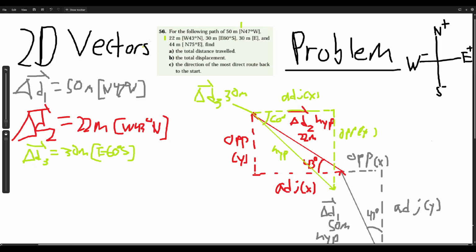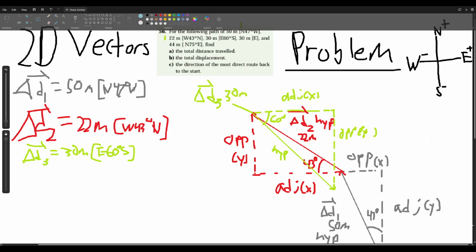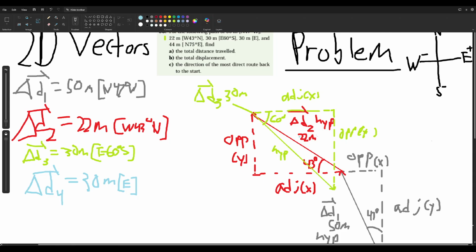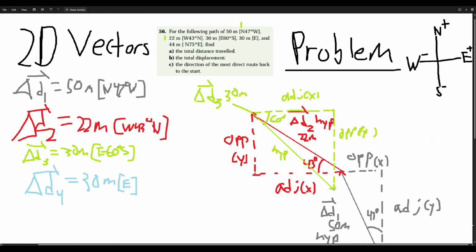Okay, now our fourth displacement. And notice how I'm doing it in different colors, so it's easier to tell apart from all the lines that are intersecting. So displacement 4 is 30 meters east, and this is going to be a pretty simple one because there's no angle, so you don't have to break it up into x and y components. So off of this vector's tip, we make another tail for the other vector. 30 meters east.